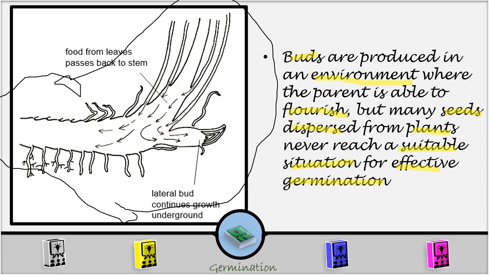But if it is a seed and that seed moves from the parent and is dispersed in a new area, there is no guarantee that the seed in that new area will flourish the way its parent flourished in another area, because it may find that the conditions for effective germination do not exist there. So that is the advantage of the plantlets produced by vegetative propagation.